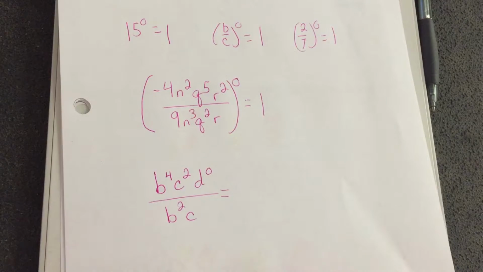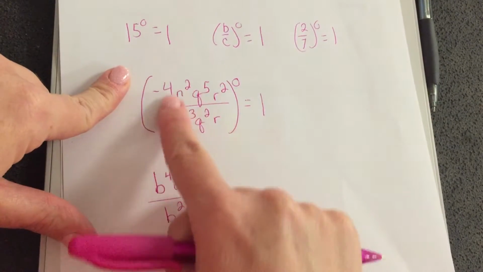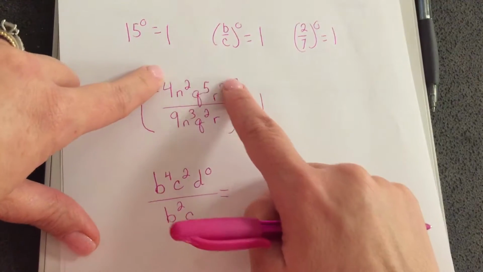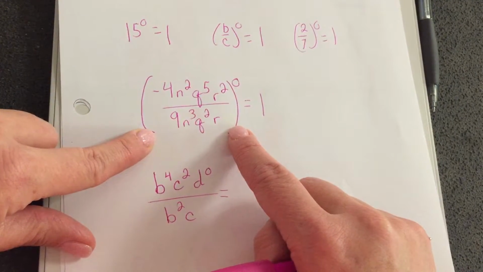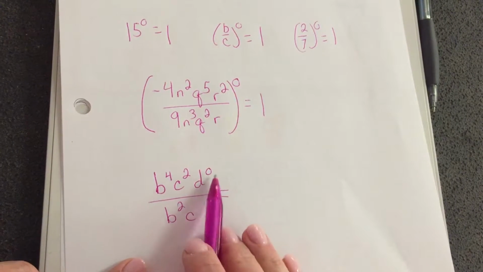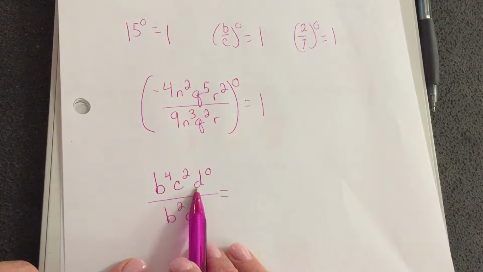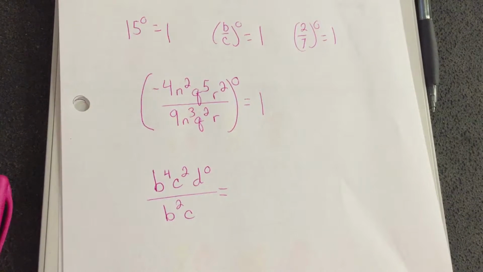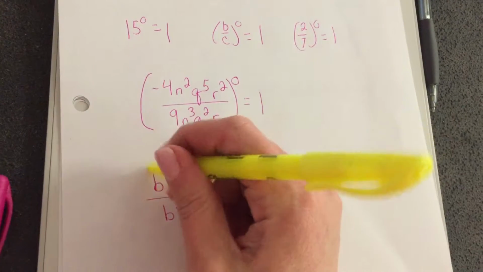All right, now watch. The difference, y'all, you see this big complicated problem? In parentheses, all of it is in parentheses to the 0 power. Down here, the only thing to the 0 power is D. So you have to go back. That's why I say you always got to stick with the basics of separate, separate, separate, okay?